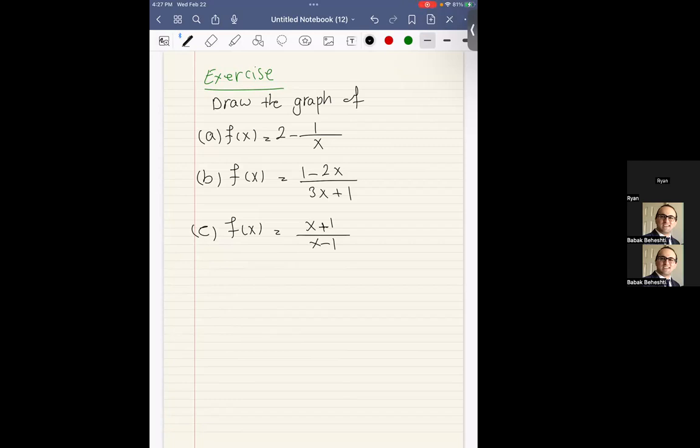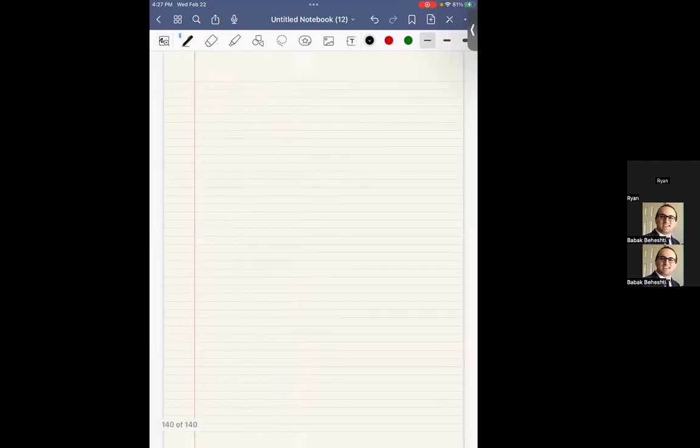Okay, and let me give you also, this is the last example. Sometimes we have some rational functions which can be more complicated. So for example, look at this function, f of x equal to x cubed plus 3x squared plus x minus 5 over x to the power 4 minus 2x plus 1.